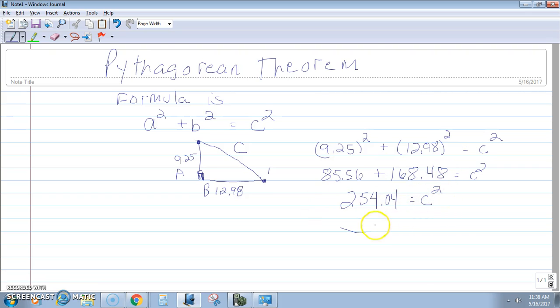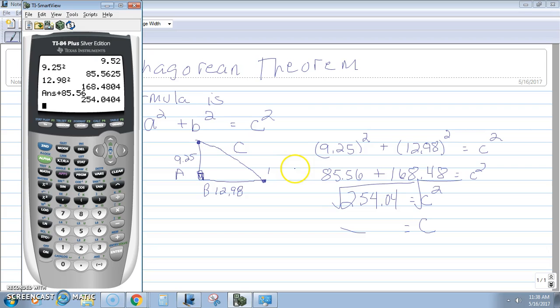Well, that's not C, right? What's the inverse operation of squared? I have to take the square root of both sides. I'm going to take the square root there and the square root here. So I get C all by itself equals the square root of what I just had.